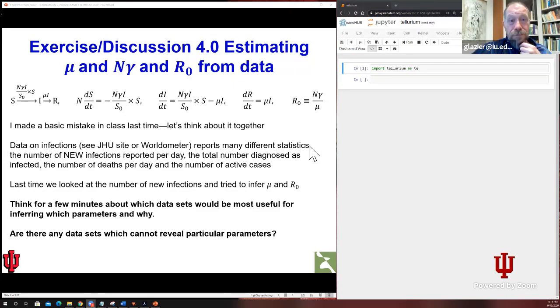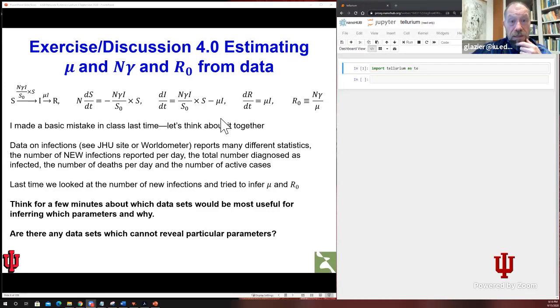And now, the other data set that you have is the number of active cases. Number of active cases is supposed to be I, and that reflects both the number of new cases and the number leaving.